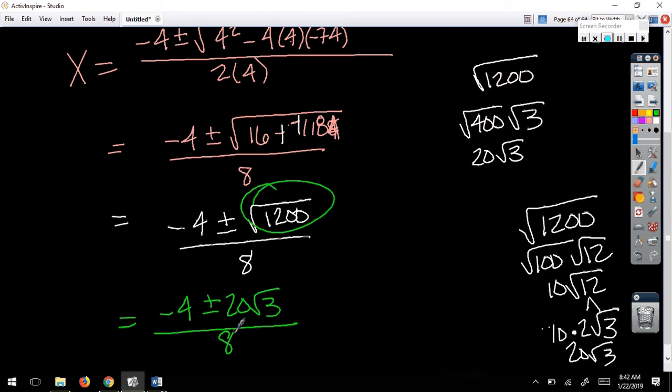Now, you can't divide anything under this radical, but I can look at all three of these coefficients and see if there's something I can divide them by, then I can simplify this. 4. Oh, that's 20 now.